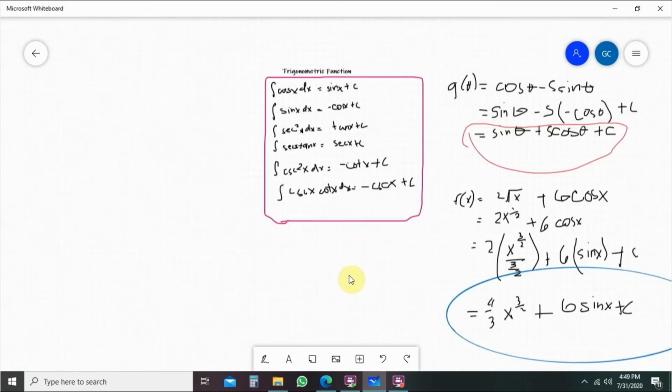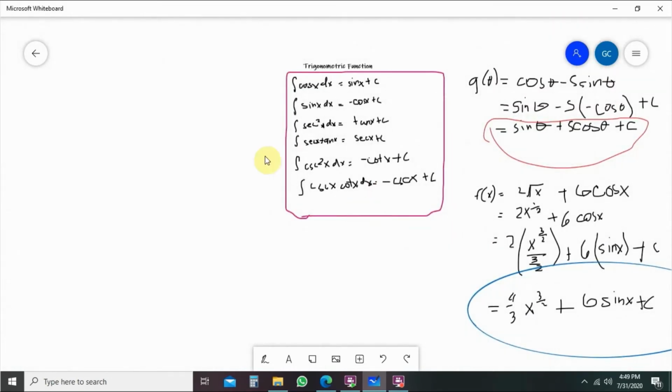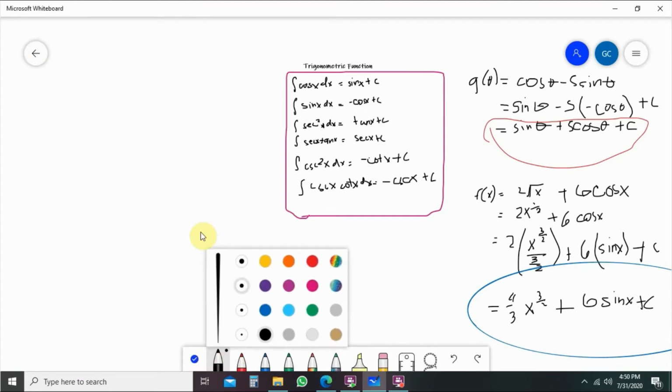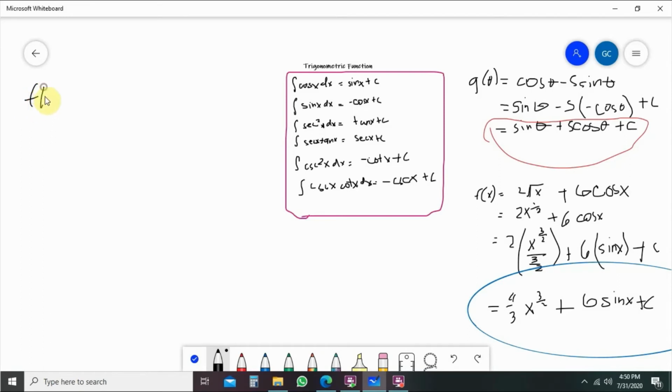Let's try a more complicated one. What if I have f of x is equal to 2 sine x minus secant squared x. How would you integrate this one?